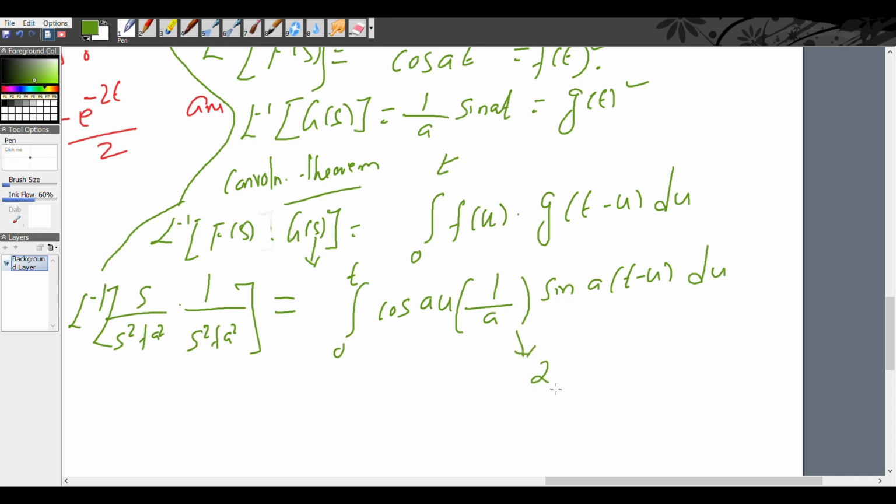Somehow I want 2 cos a into sin b, because then I know the formula: sin of a plus b minus sin of a minus b. I know this particular formula.